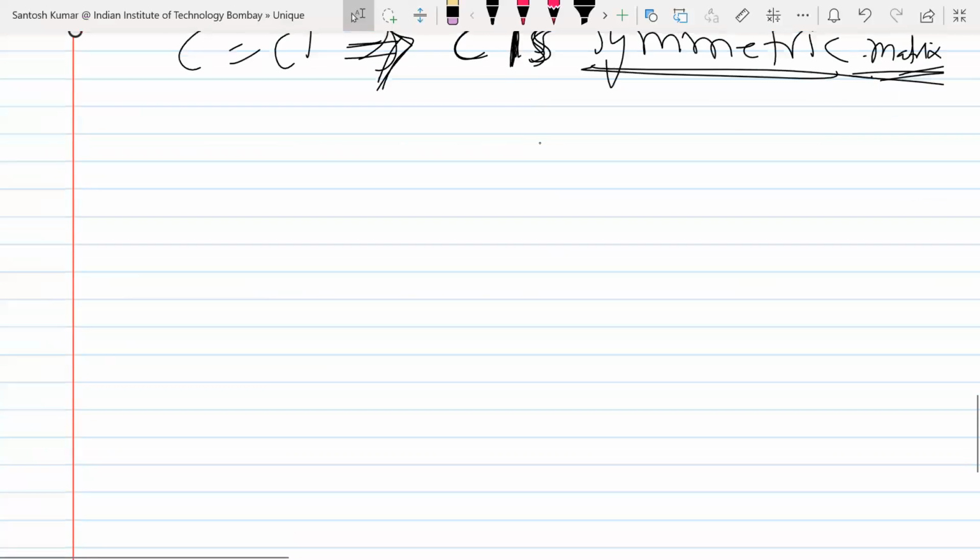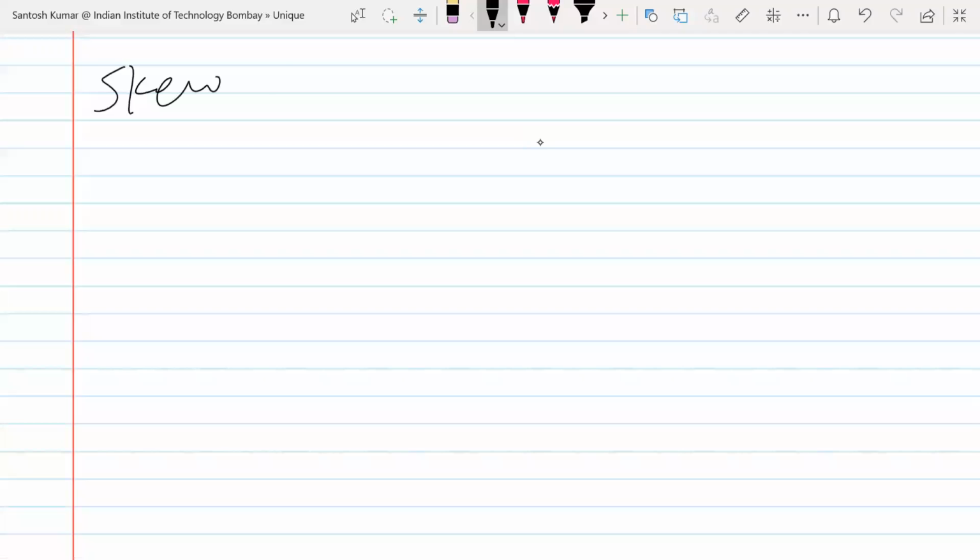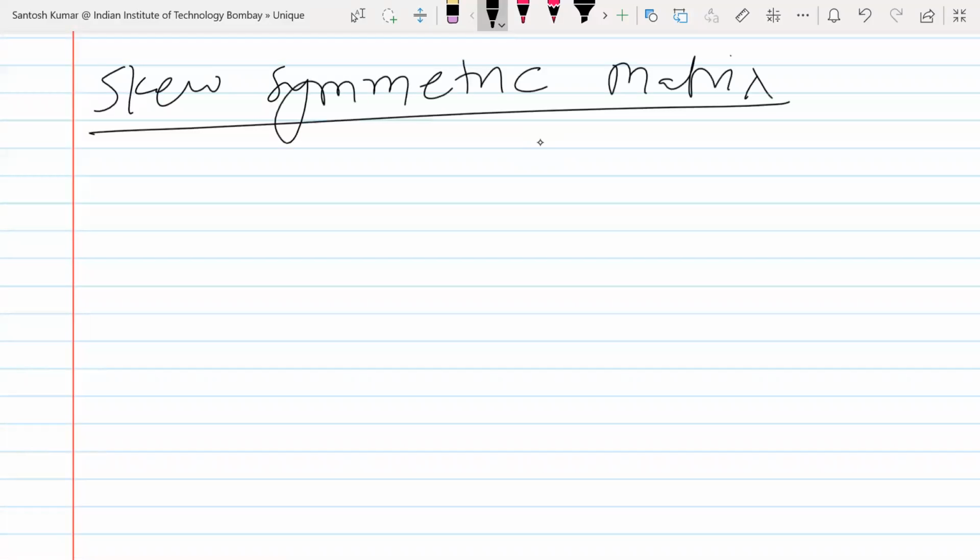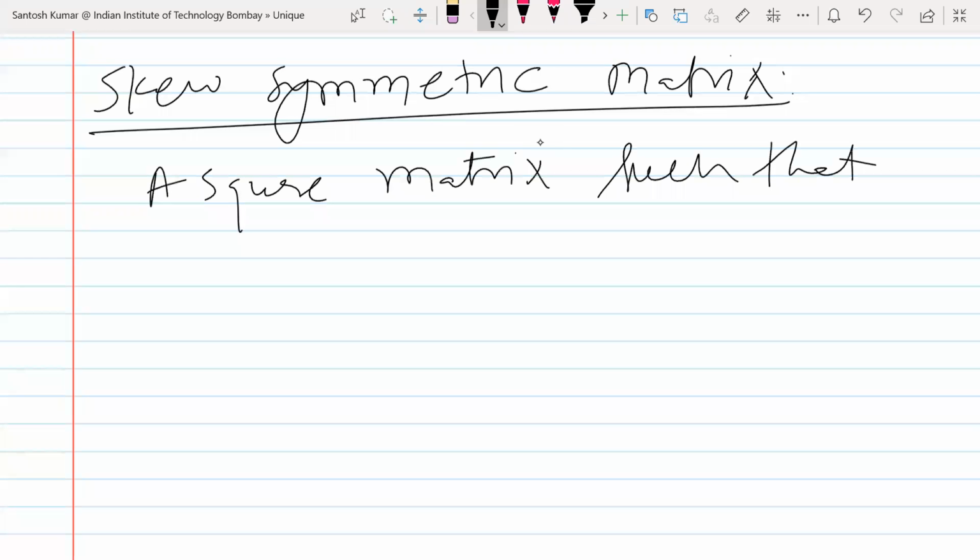Okay, so next we have the skew symmetric matrix. तो skew symmetric matrix में क्या होगा कि square matrix A such that A transpose is equal to minus A.